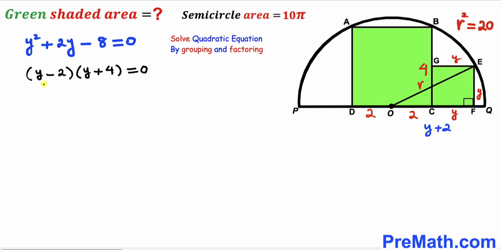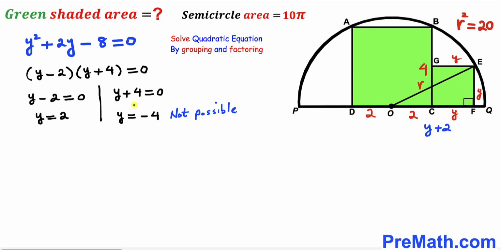Now we are going to separate these factors. I can write y minus 2 equal to 0 and the other equation y plus 4 equal to 0. For this first equation, our y value is going to be positive 2. For this second equation, our y value is going to be negative 4.